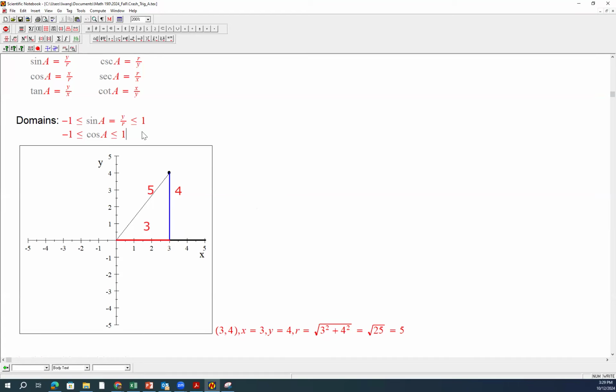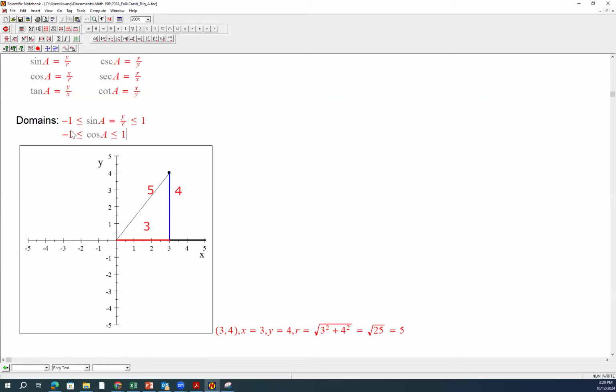Then how about tangent and cotangent? Tangent and cotangent, okay, their domain, we're going to discuss a little bit later. Okay, so for sine and cosine, we know their domains and the range.